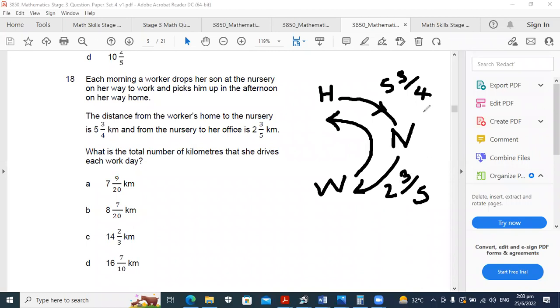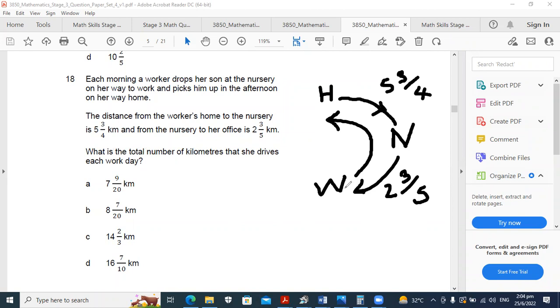So what you do, you add these two fractions, and then times it by 2. And that will give you a complete journey. I think that's the tricky part about this question: you have to consider that you have to times it by 2. So it's not only from home to nursery to office.